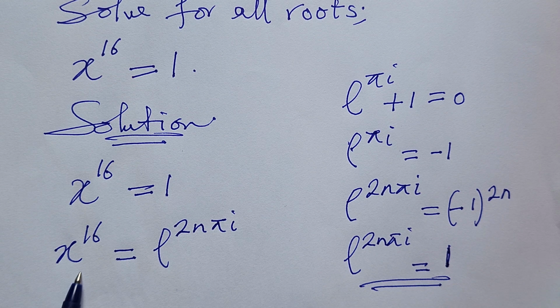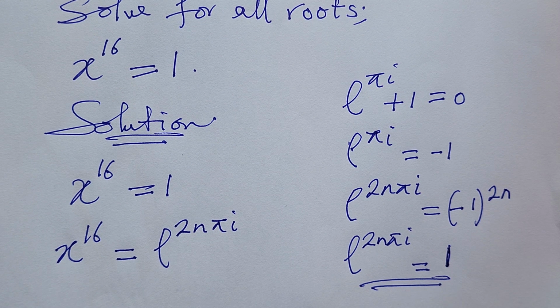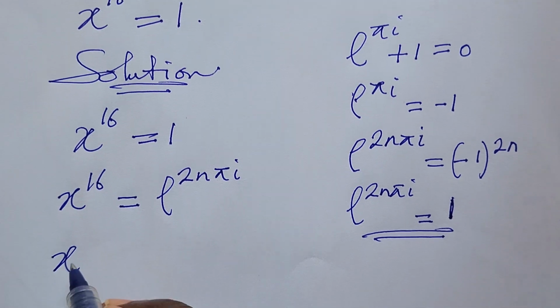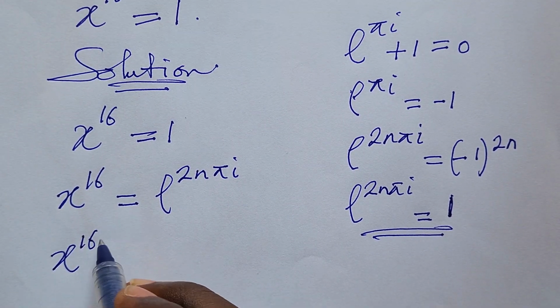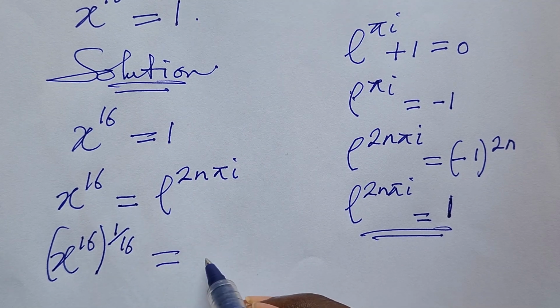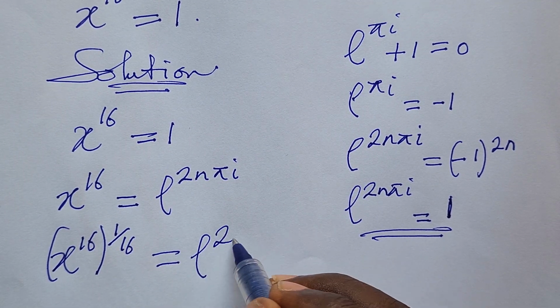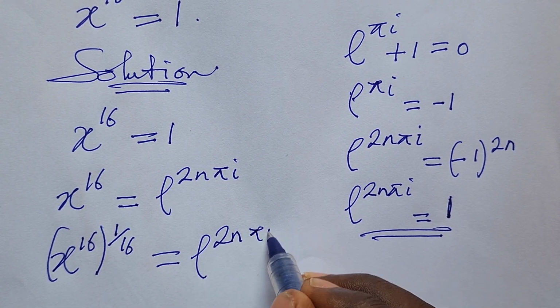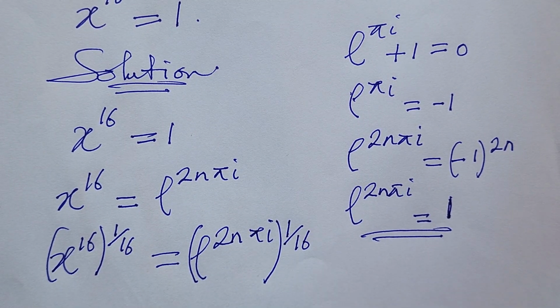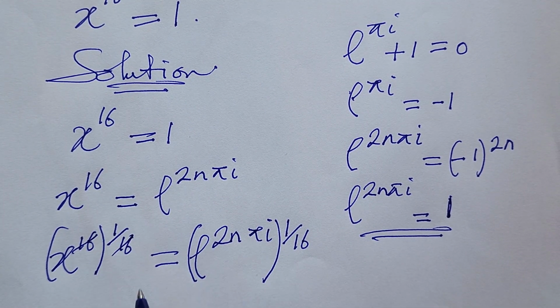We want to make x the subject of the formula, so we raise both sides of the equation to the power of 1 over 16. This gives us x to the power of 16 raised to the power of 1 over 16, and we do the same thing here: e to the power of 2n pi i raised to the power of 1 over 16.